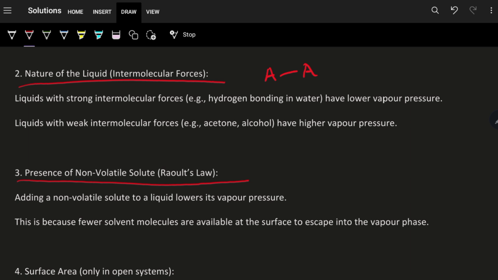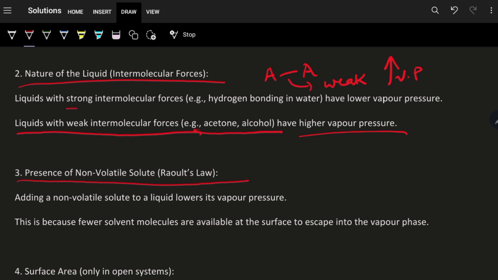If the interaction is weak, then the vapor pressure ought to increase. For that reason, acetone and alcohol, liquids with weak intermolecular forces, have high vapor pressure because their intermolecular forces are weak.